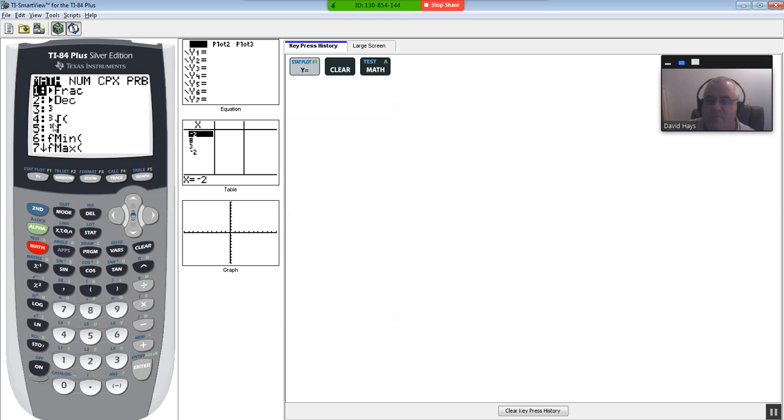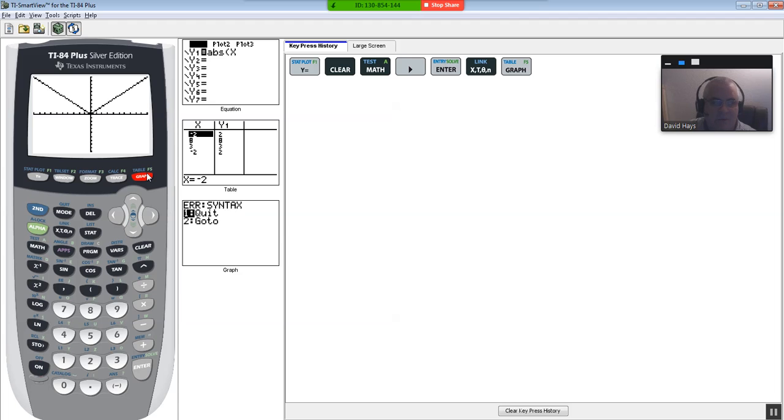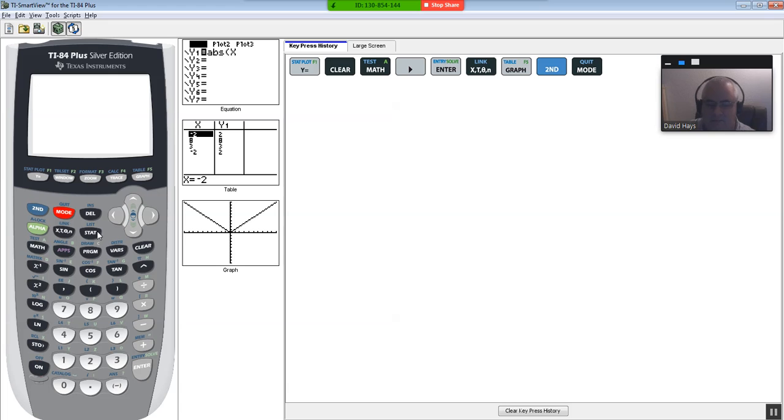Now it's not in our first menu here. So if I right arrow to the num menu, you see ABS is the first item and it's already highlighted. So we simply press enter on it. Put your X key in, and then graph. And that would be our absolute value of X. Now to exit out of anything in your calculator, you do second mode to exit out.